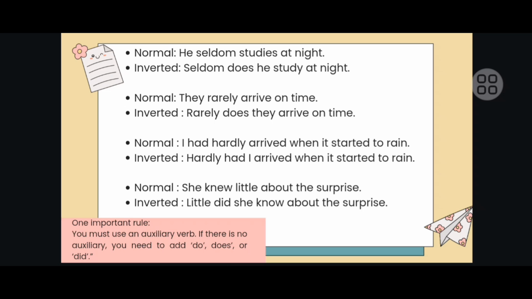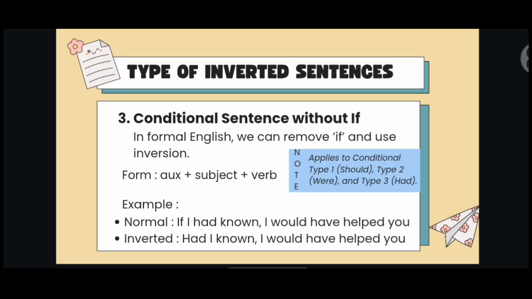And for example, she knew little about the surprise becomes little did she know about the surprise. Why does knew become know? Because in English grammar, if there is already did as the past tense auxiliary, the main verb must return to its base form, verb 1.